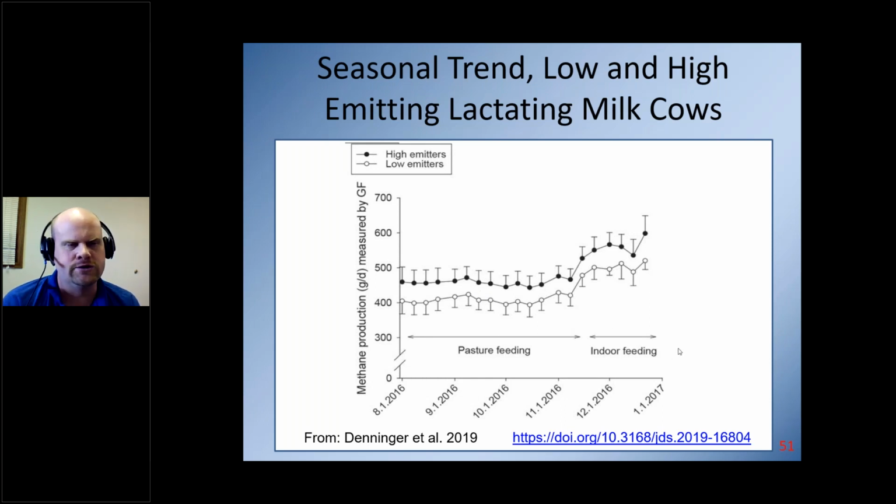And then when they brought the animals in for indoor feeding, methane emissions actually increased. And this was probably just an effect of the animals having more feed available and eating more on indoor feeding. But you can see the quite consistent trend between high and low emitting groups by taking weekly averages. They're really, really definitive.